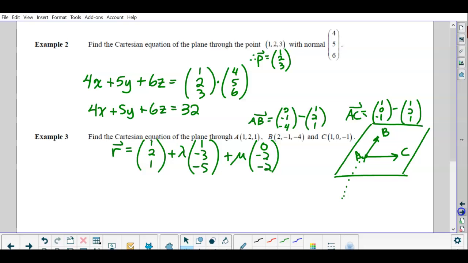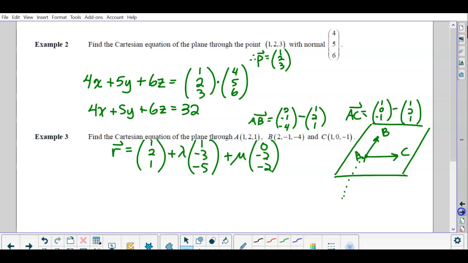Now take a look at that. AC is (0, -2, -2). I could actually reduce that. You just don't have to show it fully in that form.